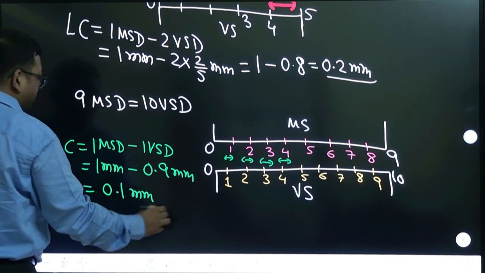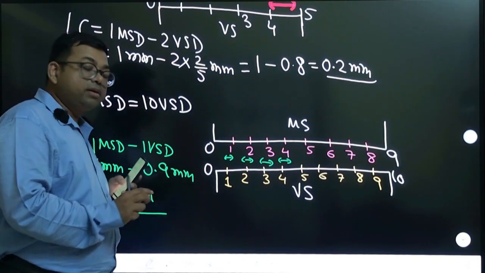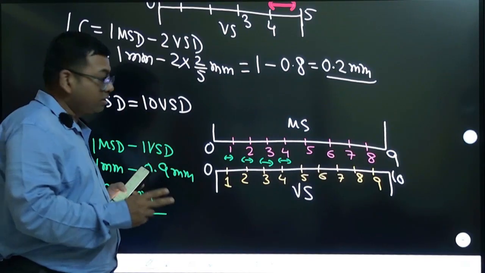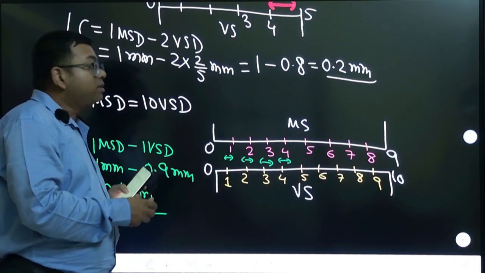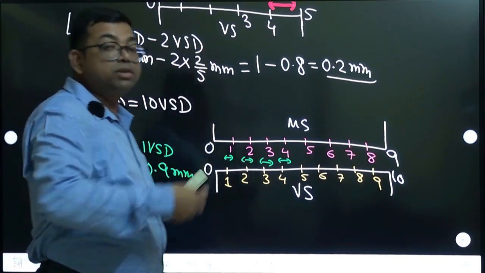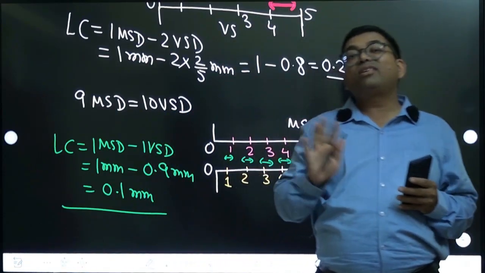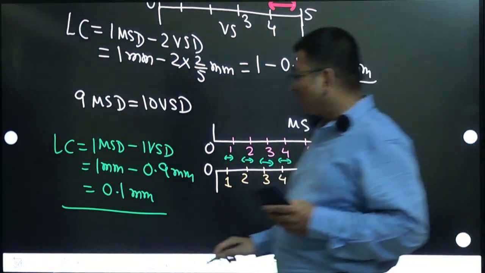But note that this least count is true for this scale. Normally we can safely use this formula for certain conditions, because 1 gap is the least count. But in this question which I have given, 1 division gap is not the least count. Okay, that's what you need to note here.